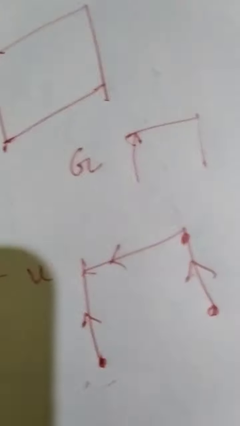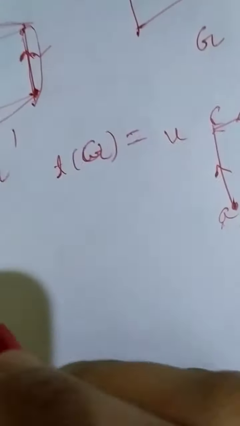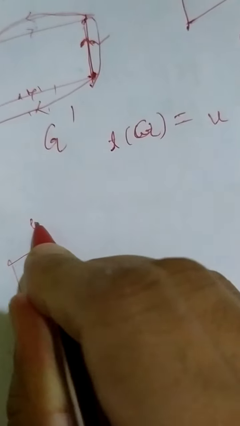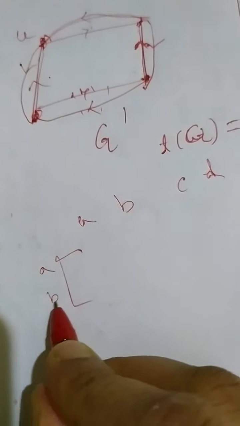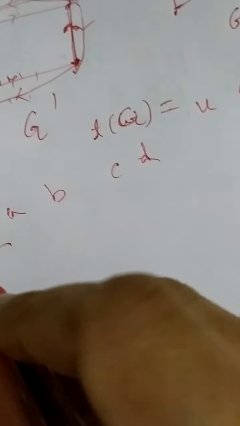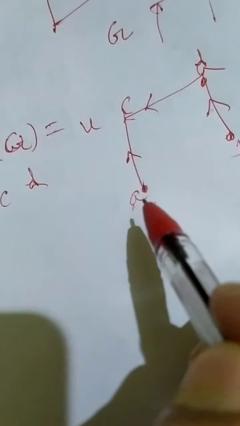Say I have considered this graph with vertices A, B, C, D, something like that. There is no edge between A and A. Is there an edge between A and B?